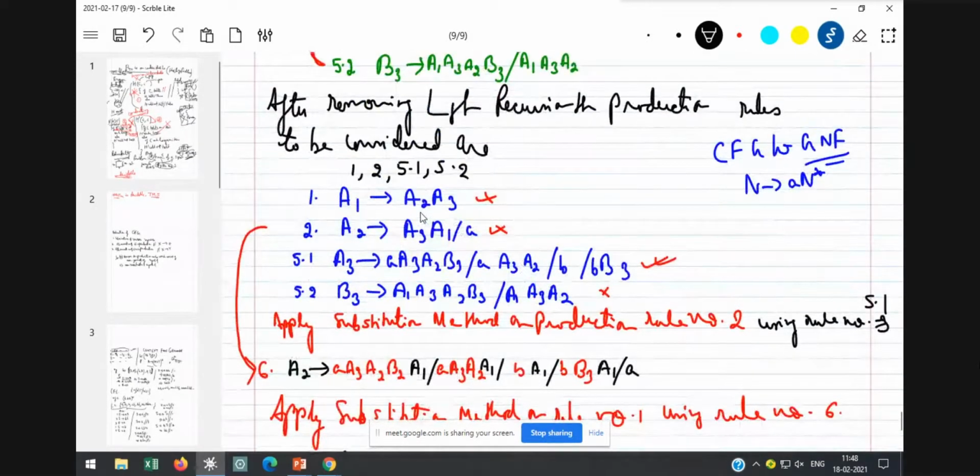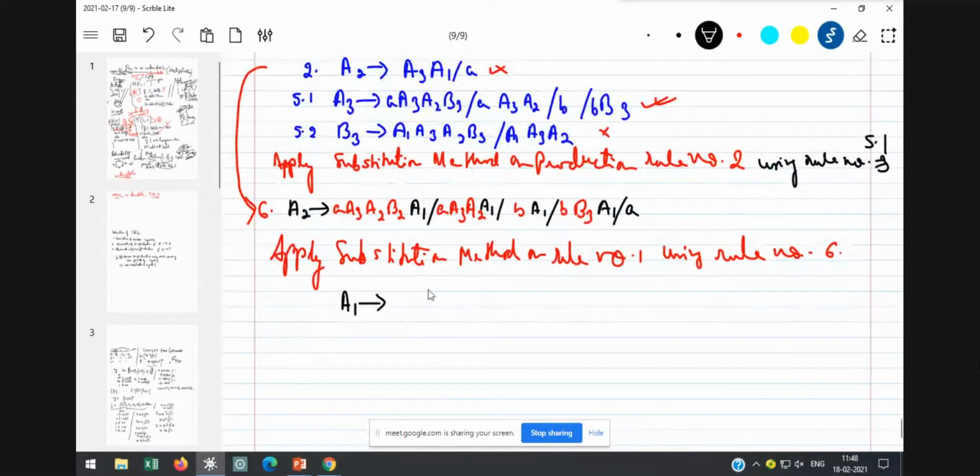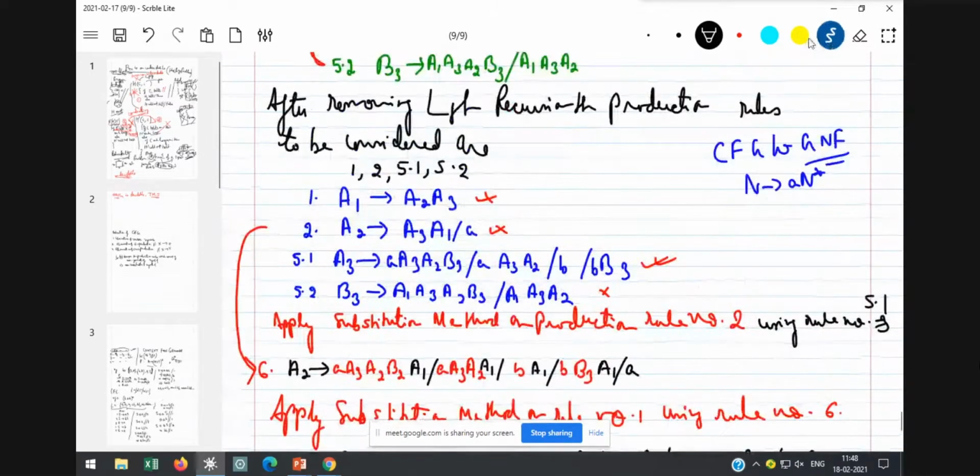So this is A3. So let me write A3, A3, A3, A3. Okay, and then let me use a different color.